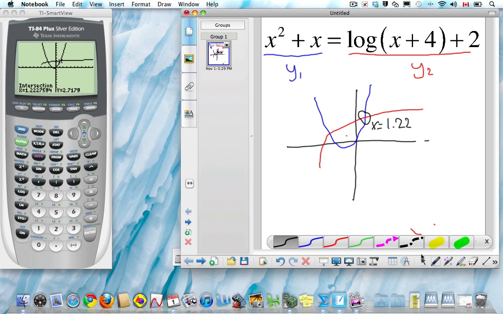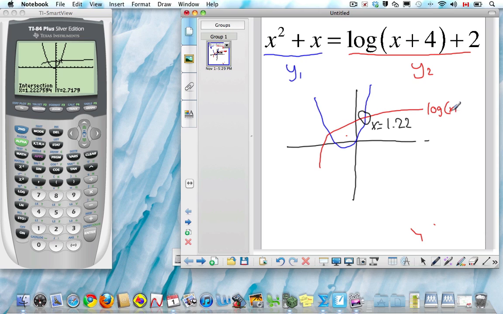All right, so there is the first solution. I might also want to put in here that this is log(x plus 4) plus 2, and the other one is simply x squared plus x, and of course I should say that it is y equals.